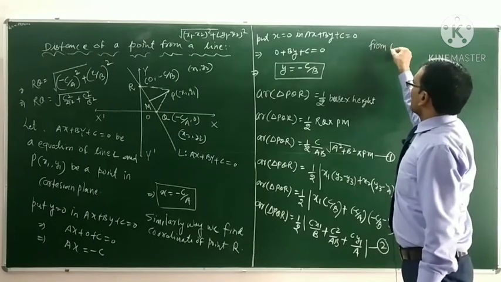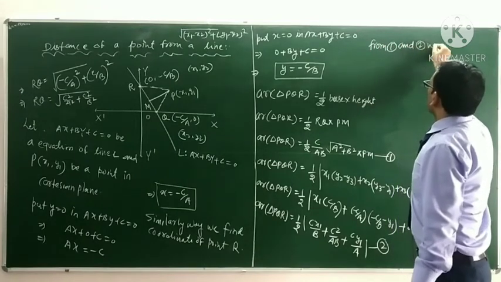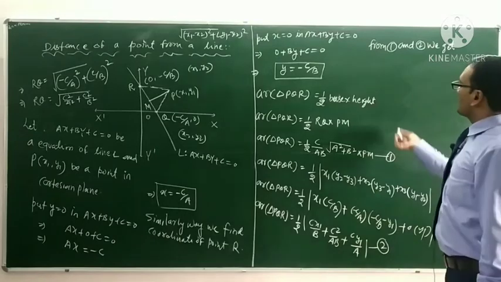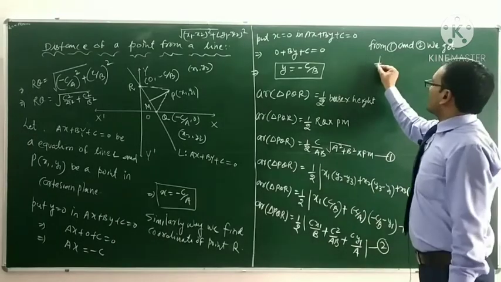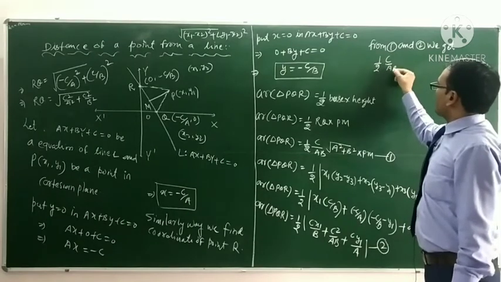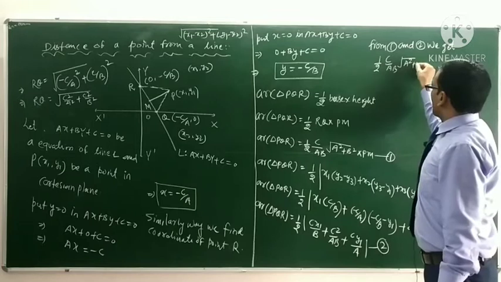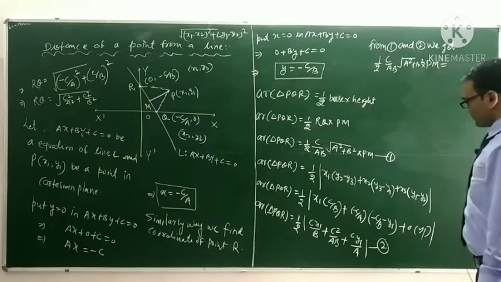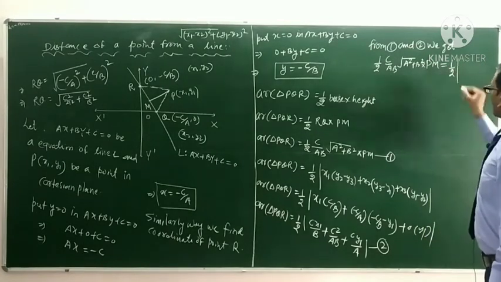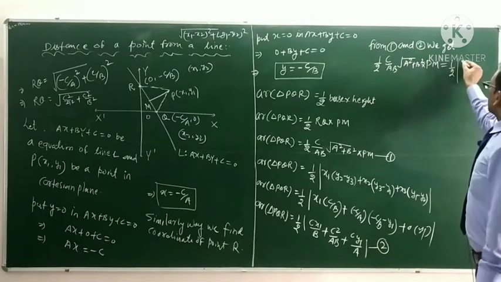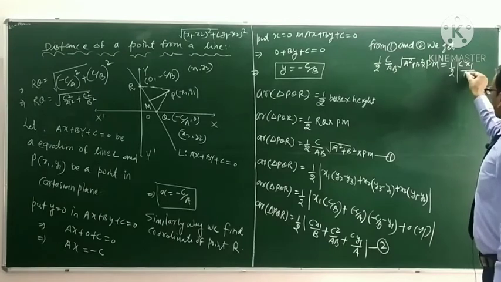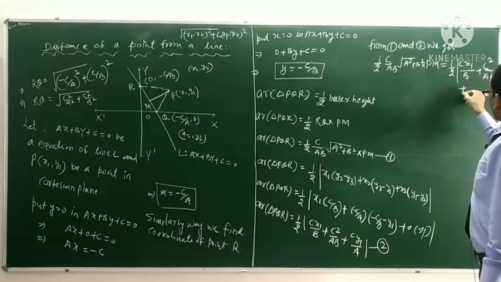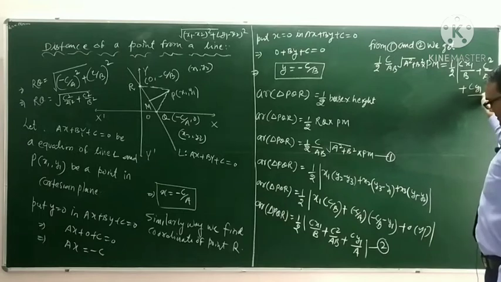From 1 and 2 we get both are area of triangle PQR, hence both are equal. 1 by 2 c upon AB into square root of a square plus b square into PM is equal to 1 by 2 mod of cx1 upon b plus c square upon ab plus cy1 upon a.